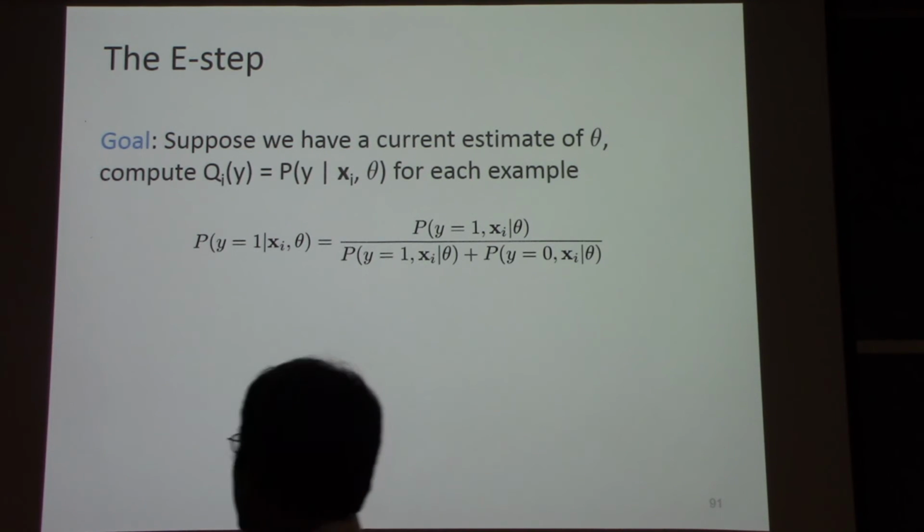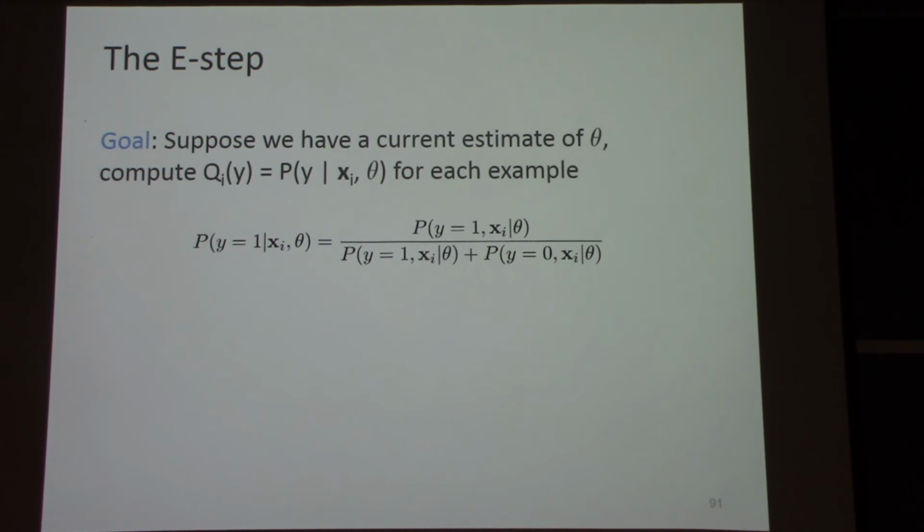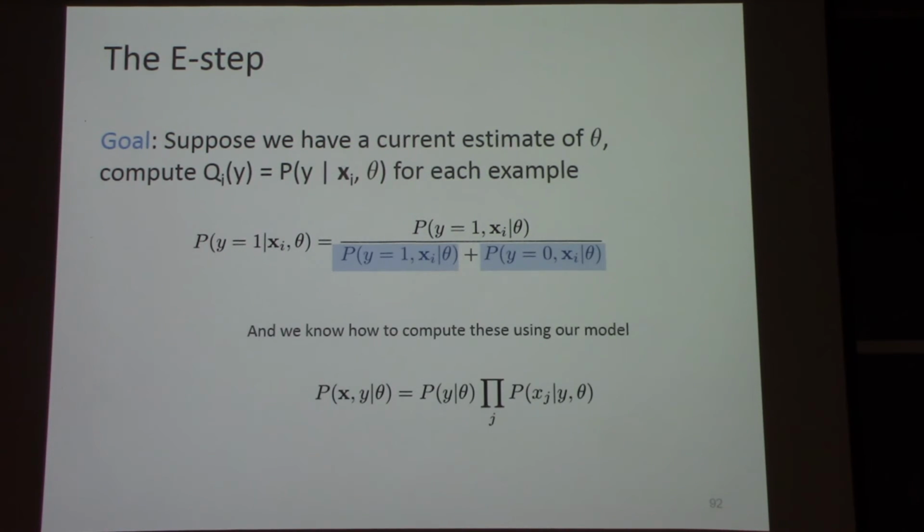What's the probability that the label is 1, for a particular example, given a current estimate of theta? We know how to write this because the numerator of this term here is exactly what our generative model gives us. So we know how to compute everything in this function if I knew theta. Okay?